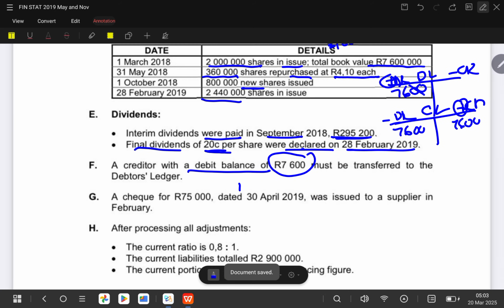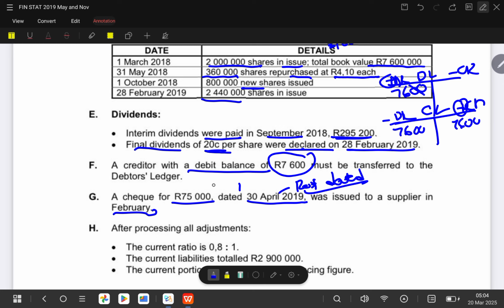Next one, they are saying that a check for 75,000 dated 30 April was issued to a supplier in February. So remember, this is a post-dated check. Remember, at the present moment, yes, I issued a check, but they have not yet cashed it. So at the end of the year, I have to reverse that transaction because the money will only leave our account on this date.